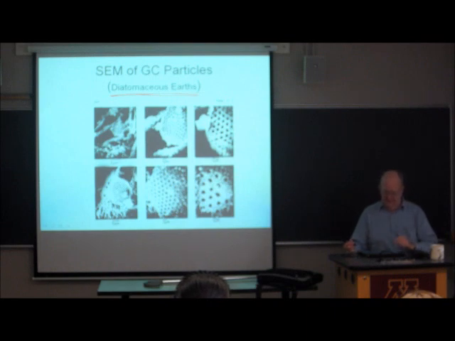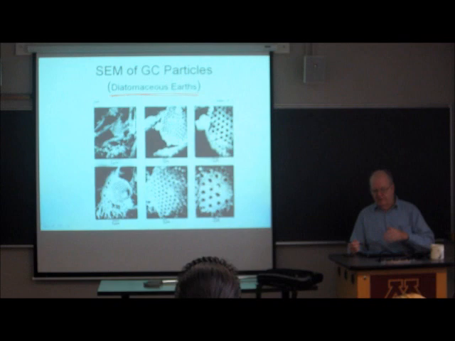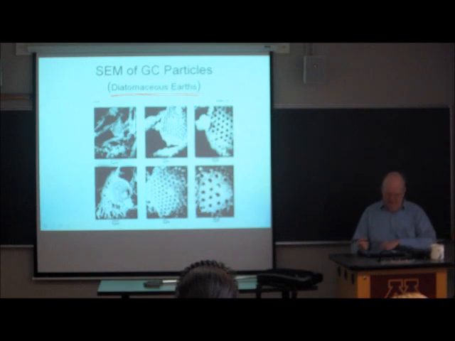These are actually skeletons of an animal called a diatom, and they happen to be very porous. They have a high surface area, and they're relatively easy to work with. The GC community latched onto these in the early days, and they've never really been bettered. I mean, porous glass just doesn't do as well as diatomaceous earth.